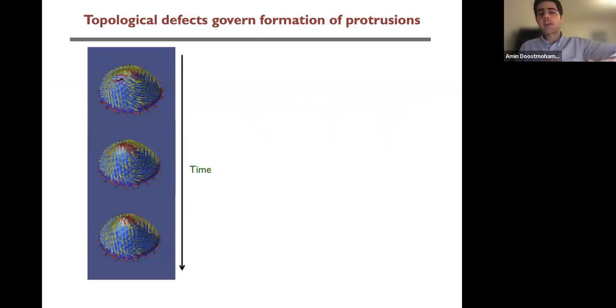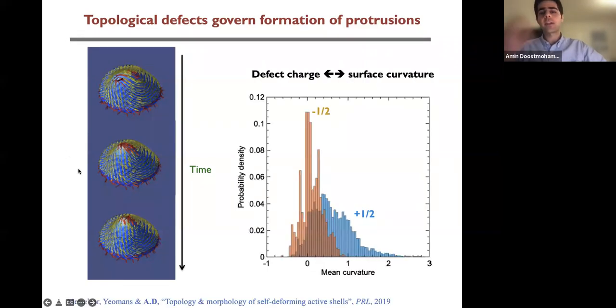And essentially, I come back to where I started. Again, we see two +half defects coming together. They form a +1. And then that forms a protrusion that then extends and changes the shape here. And one can see also the correlation between the defects and the curvature in the system.